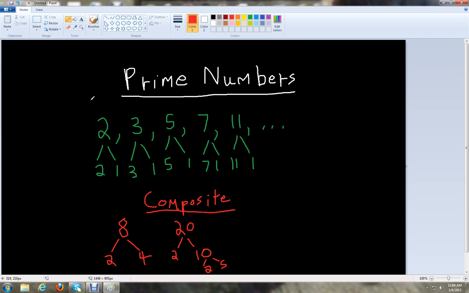Another thing that I want to show is how to write a composite number in terms of its prime numbers, prime factorization. So let's say we want to factor the number 63.